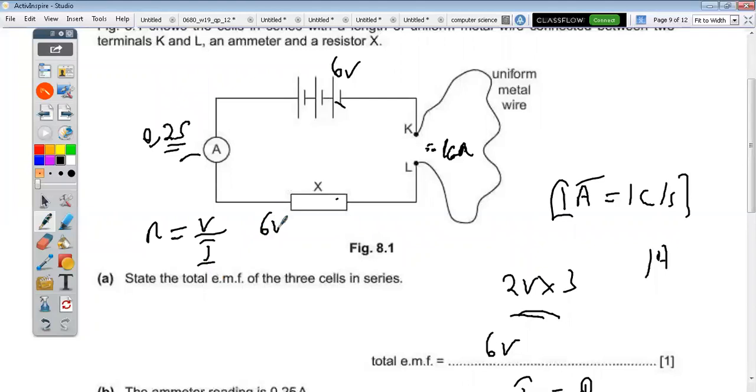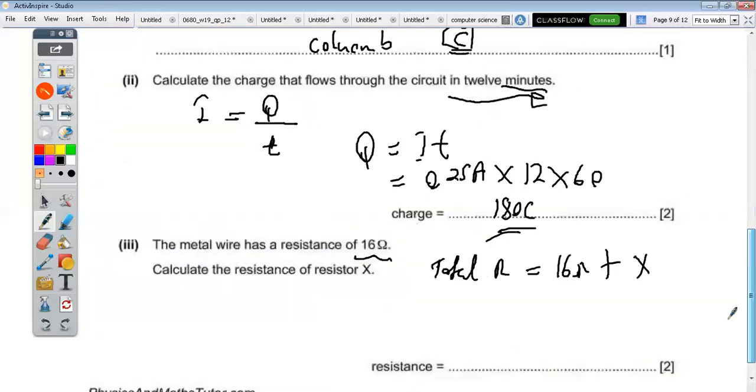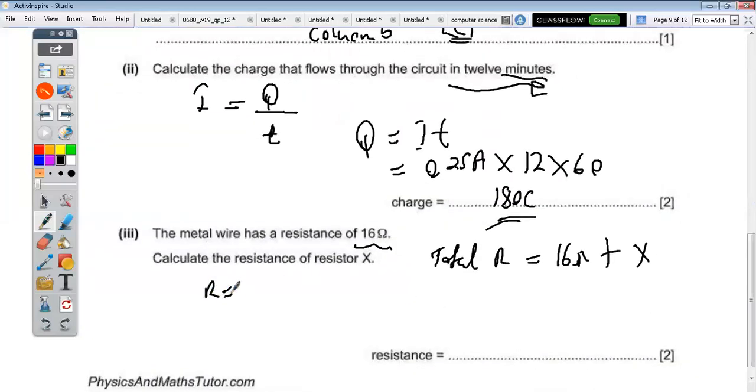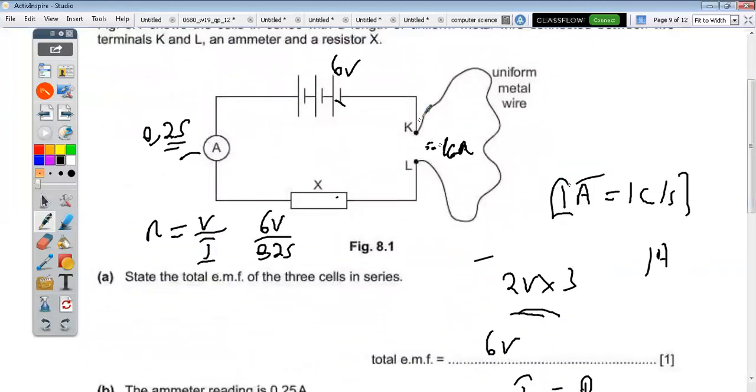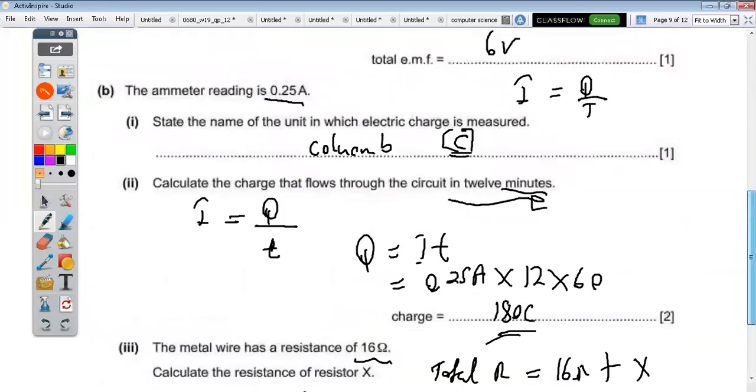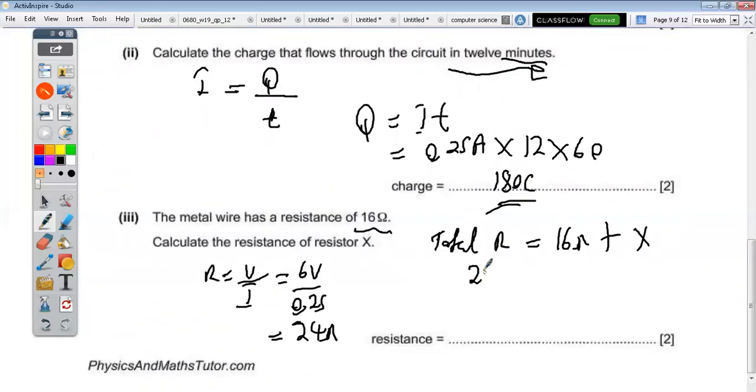So it's 6 volts divided by 0.25. What do I get? You get 24 ohms. So what it means is that these two are contributing 24 ohms. Makes sense now? Because they are in series. So it means 24 ohms is equal to 16 ohms plus X. So X is equal to 8 ohms.